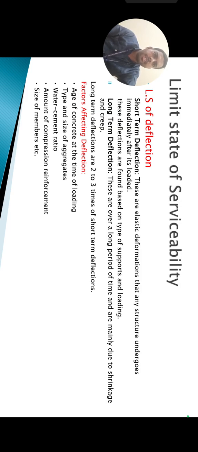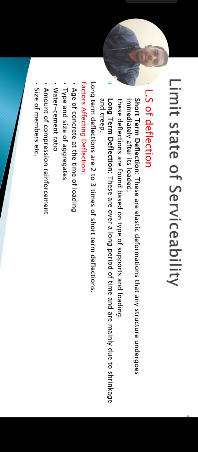Short term deflections are the elastic deformations that any structure undergoes immediately after it is loaded. Long term deflections occur over a long period of time, mainly due to shrinkage and creep. The long term deflections are typically 2 to 3 times the short term deflections. What are the factors affecting deflection?